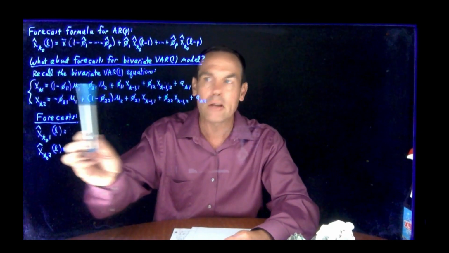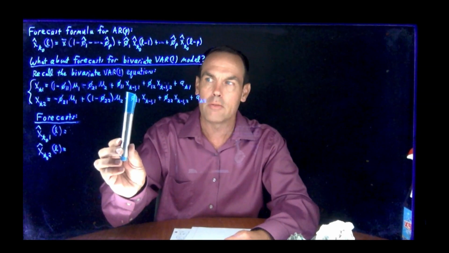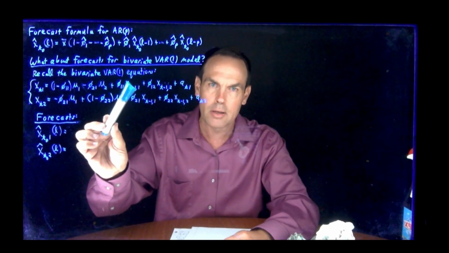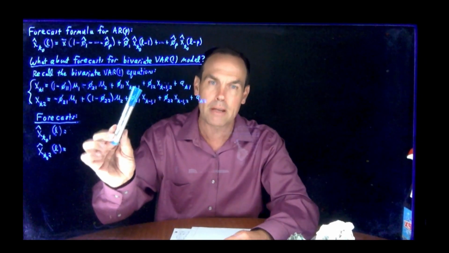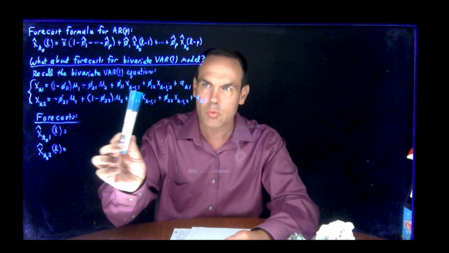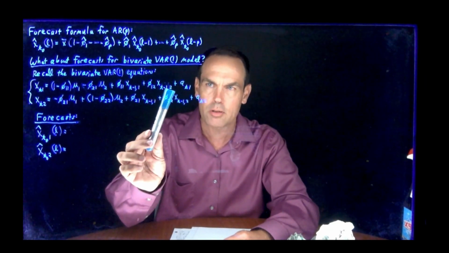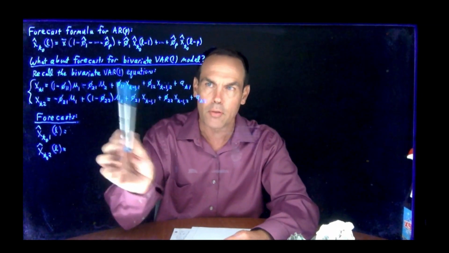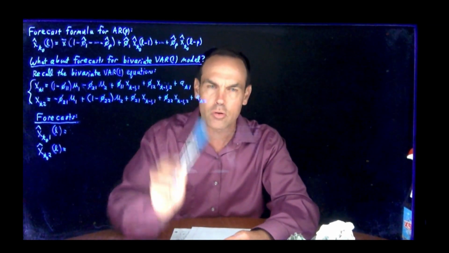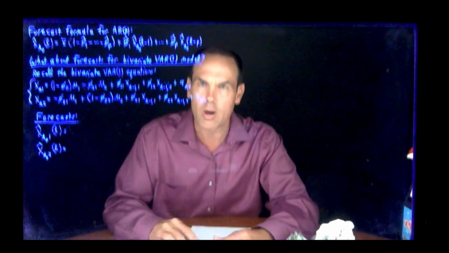Recall that that's the beta 1 piece. And then the rest of it is all about the individual phi terms, times an x value depending on which variable we're talking about and depending on the number of lags. So phi11 times x_{t-1,1} plus phi12 times x_{t-1,2}. So there's variable 1, there's variable 2, both of them looking at one lag before, plus a_t1. That's the residual of variable 1.